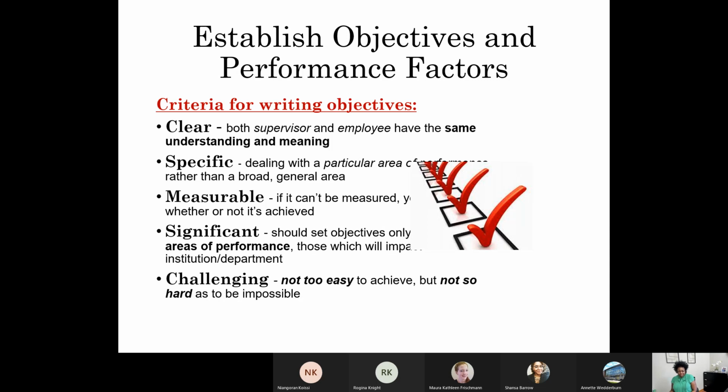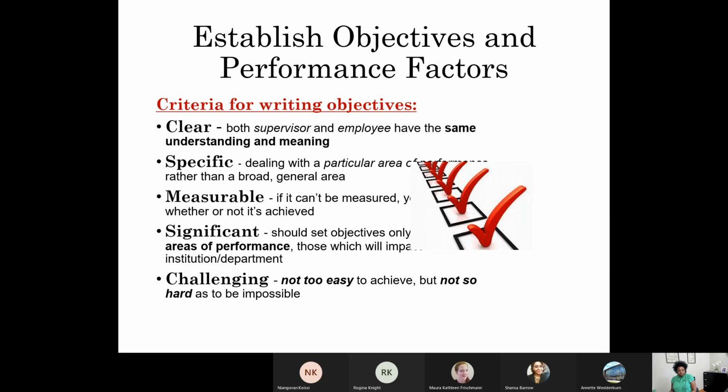And it should be specific, dealing with specific areas instead of being so broad when you're establishing these performance factors. It should be measurable. Of course, there should always be a metric in terms of a number or some percentage, so that if you're tracking whether you've achieved it or not, that can be clear. Of course, it should be significant.